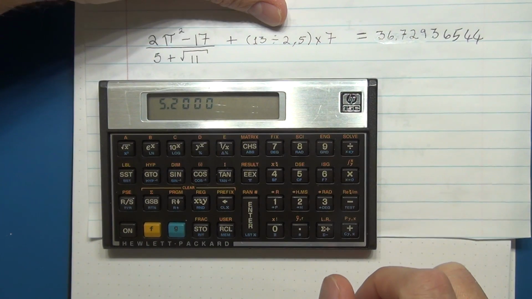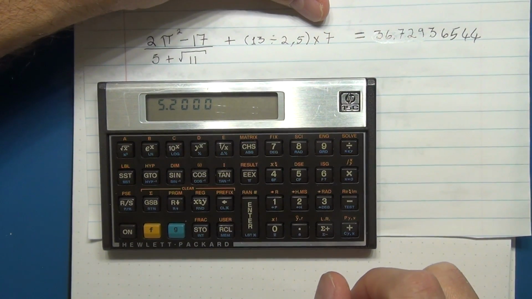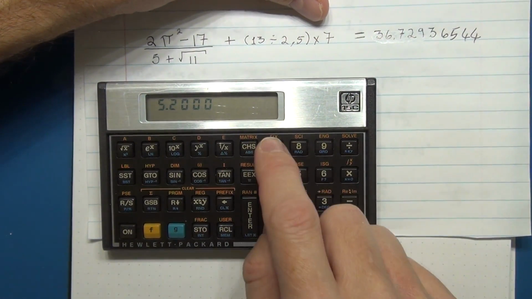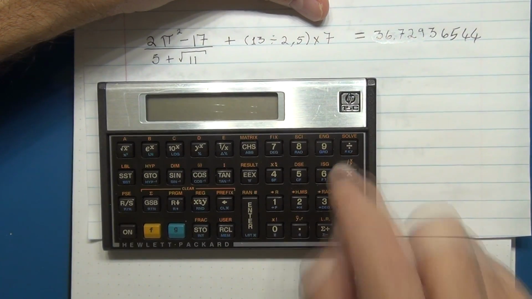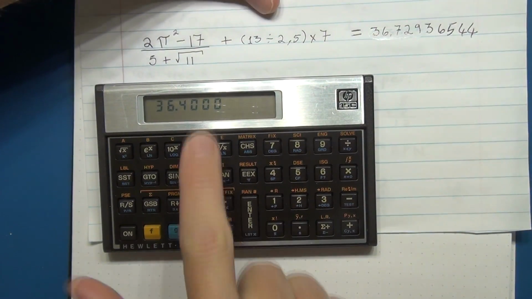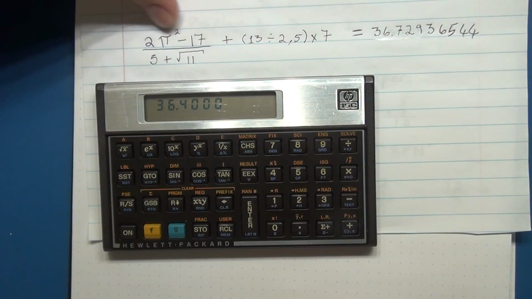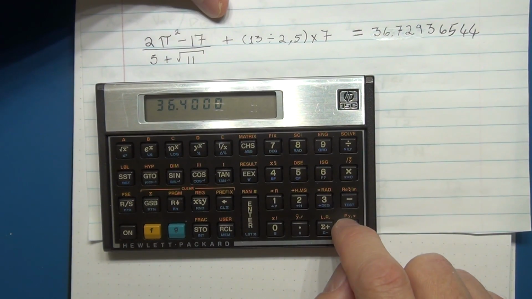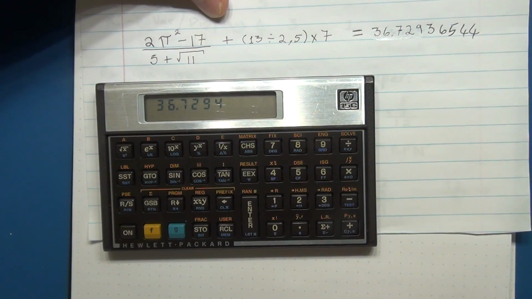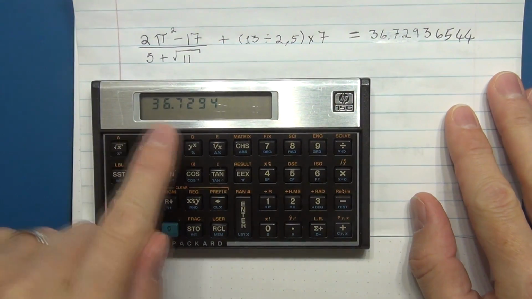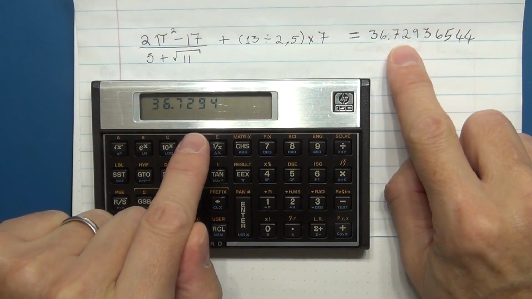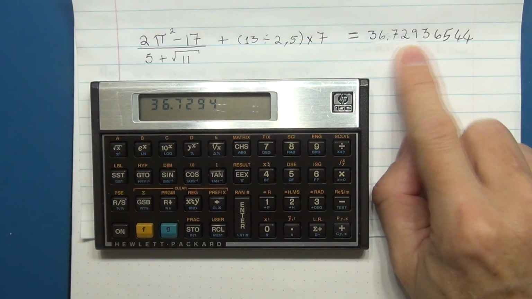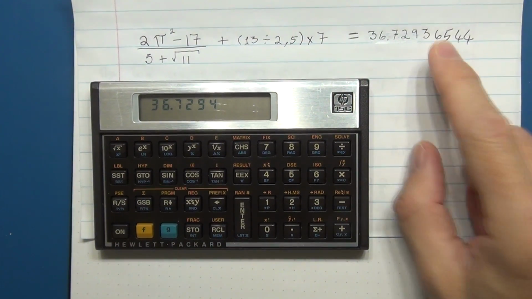We get the answer. The next thing we need to do is multiply by 7. So we go 7 times. I've got that answer, and I've still got the previous answer in the stack. So all I need to push is plus. And look what we get. 36.7294, which is basically our answer over here, obviously rounded.